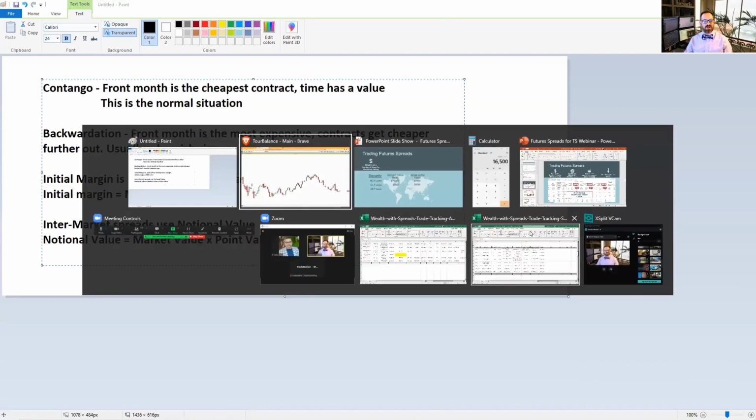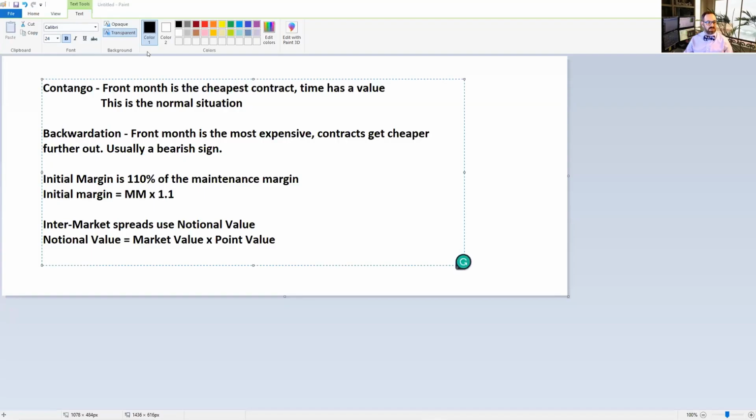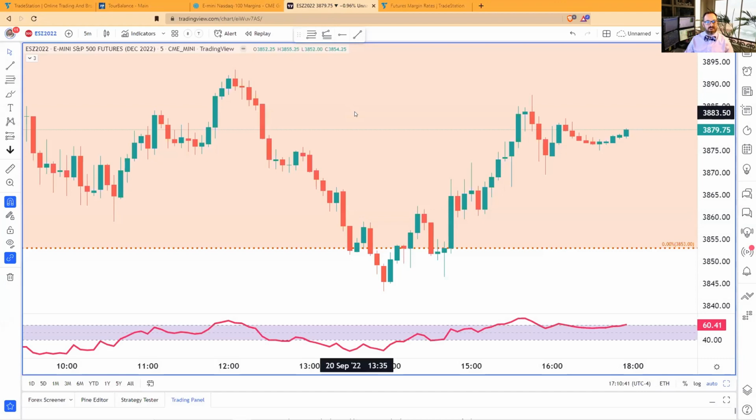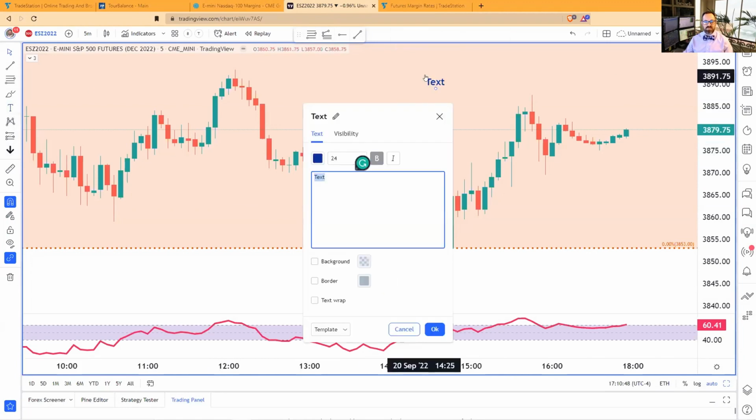So if we look right now at the NASDAQ as an example, I was on the wrong page there. There we are. Or I'll be on the ES. Here's the ES, 3879.75 is the market value, right? So we've got ESC 2022 market value is, as I said, 3879.75. The point value is $50 a point.